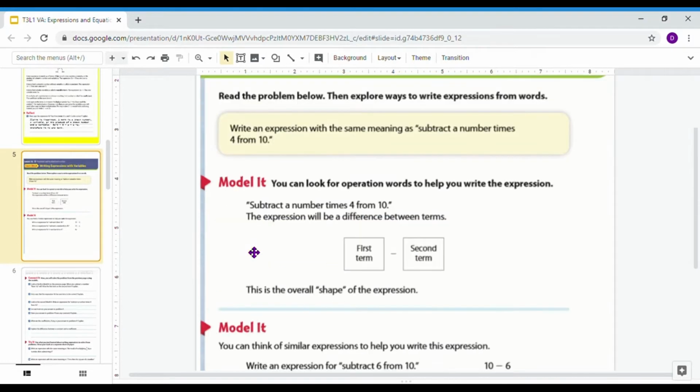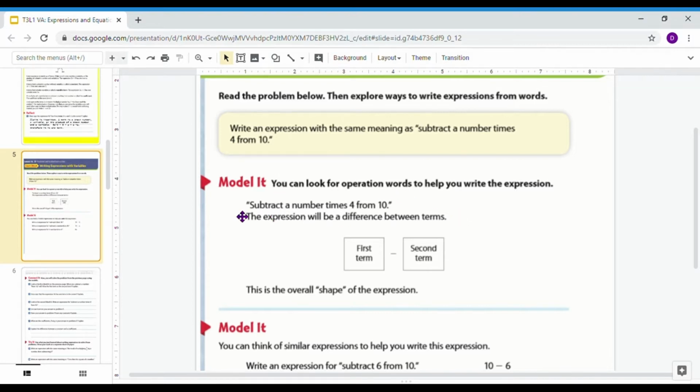Whenever we are looking at the operation words, I always like to split it up into each individual term. So they're asking me to do one thing, and I'm going to figure out what that term is, and then what operation goes in between, and then what my following term is.